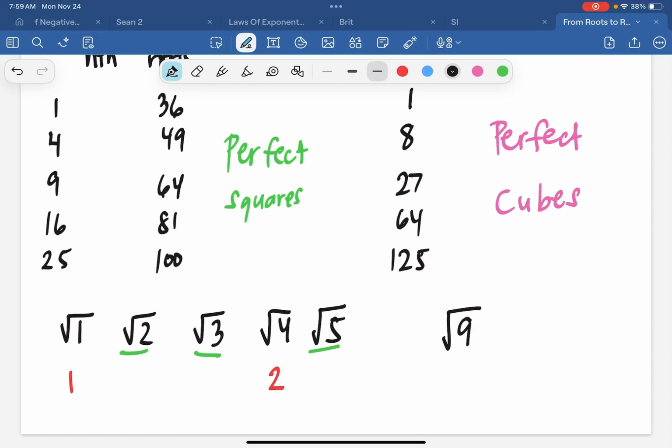So again, if we're dealing with the square root sign, and if the number inside, what we call the radicand, is not a perfect square, automatically it is an irrational number.